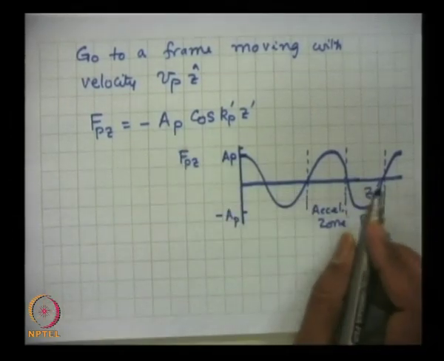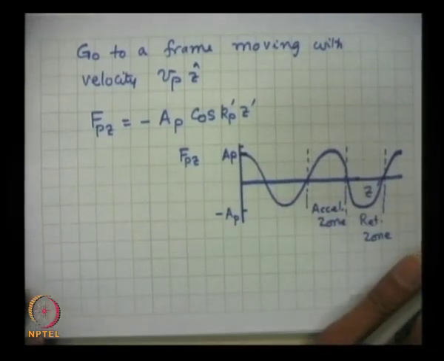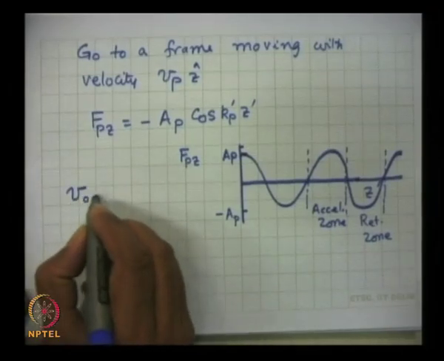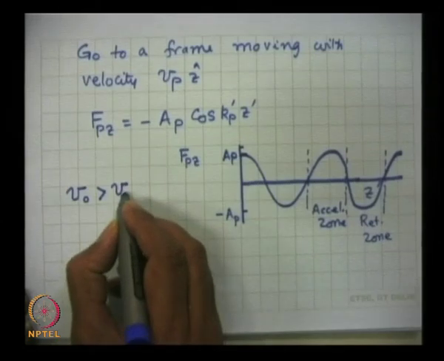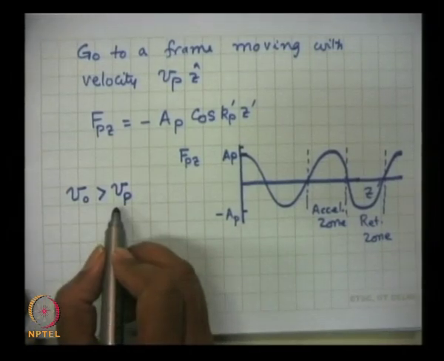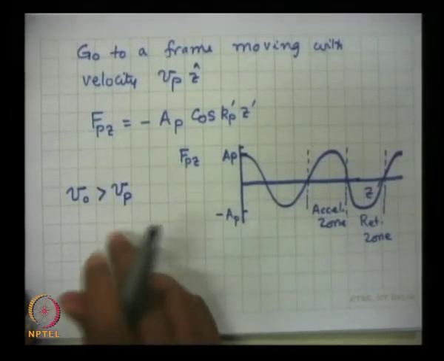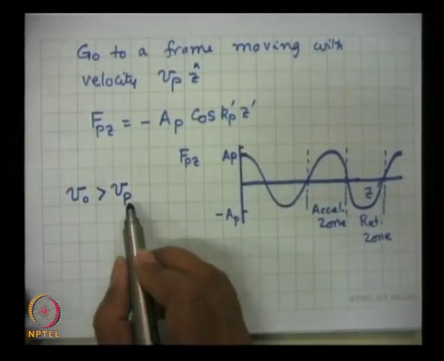Now, what will happen? If I choose the initial electron velocity V0, when I launch the electron into the Wiggler region, slightly bigger than the quantum force velocity, that is, V0 slightly more than the phase velocity of the quantum force in the laboratory frame, then in this moving frame, the electron velocity will be positive.